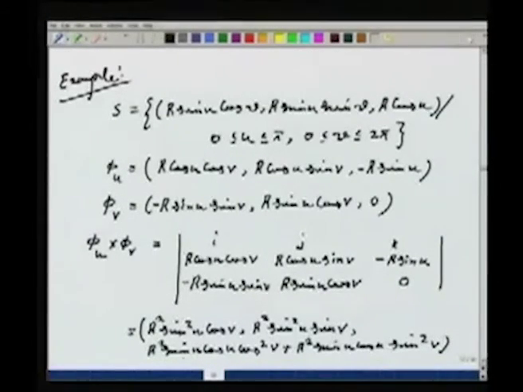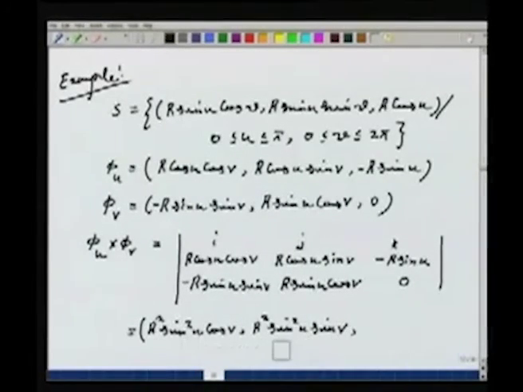Now this last component, I can take r square sin u cosine u common. Then what I am left with is sin square v and cos square v, which is 1. So the final result then would be r square sin u cosine u, that I will write down here.